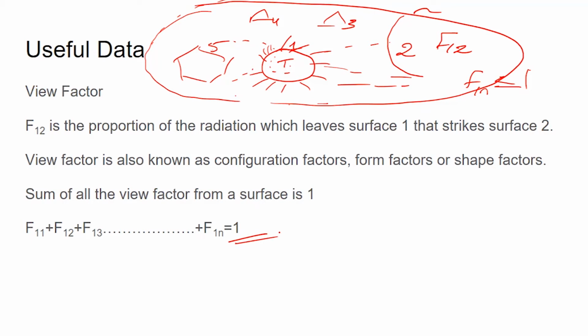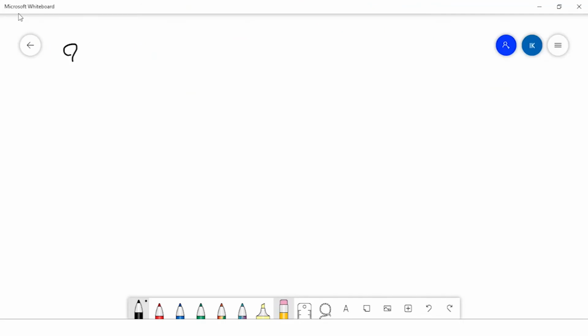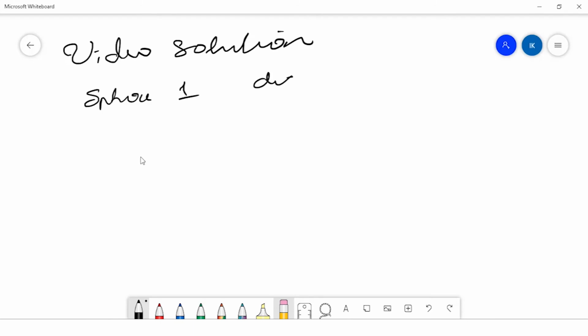This is another important point that you have to understand before solving this question. Now, let us go to the video solution. In this case, we are given a sphere 1 with diameter 0.1 meter, and sphere 1 is completely enclosed by sphere 2 having diameter 0.4 meter.